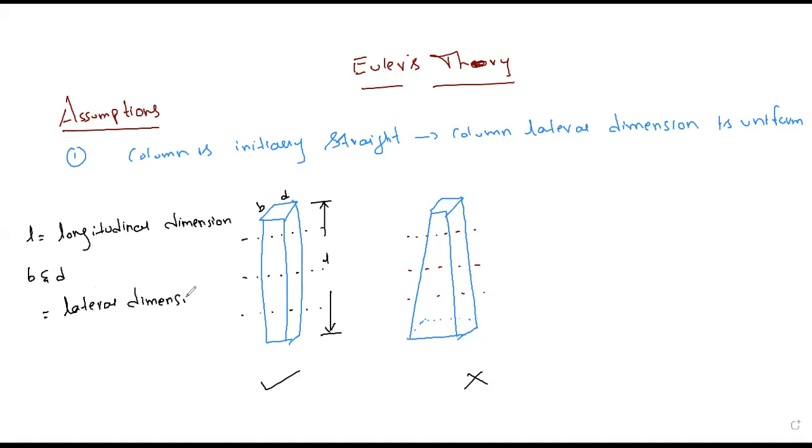Understand? Clear? So this is the first assumption. Okay, I hope you all understand. Even so, why? Because even if you can't remember the statement, by just remembering the diagram, you can write the statement. Okay, that's why I'm representing it diagrammatically.